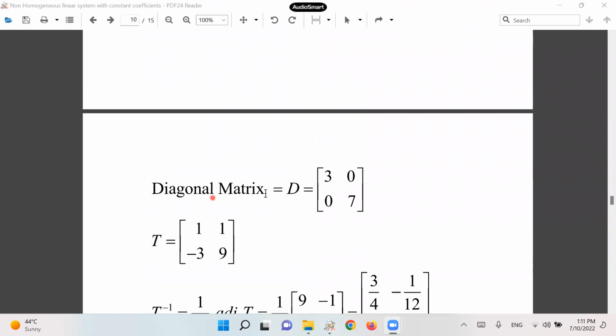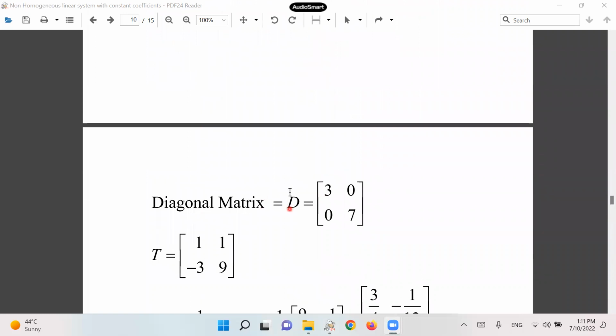So in order to find the diagonal matrix D, we will put the first eigenvalue here, 3, and the second eigenvalue is 7. So we are going to put these eigenvalues in the diagonal positions.